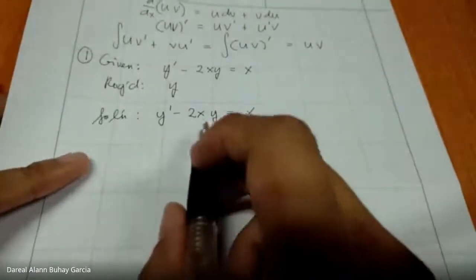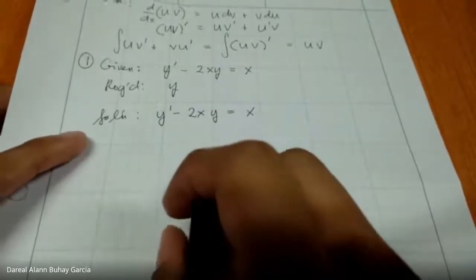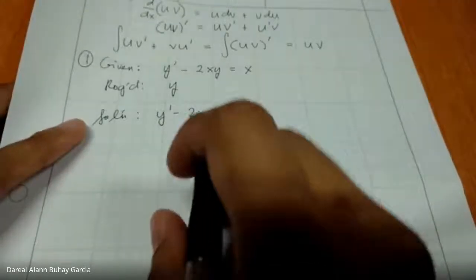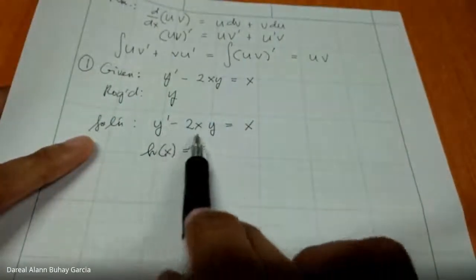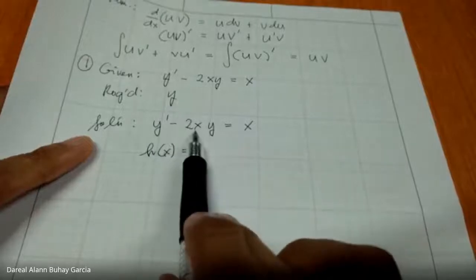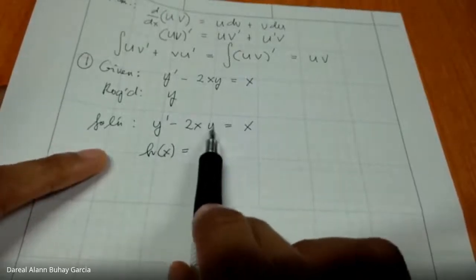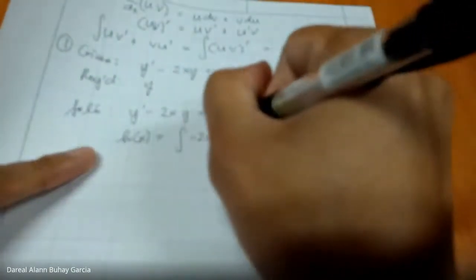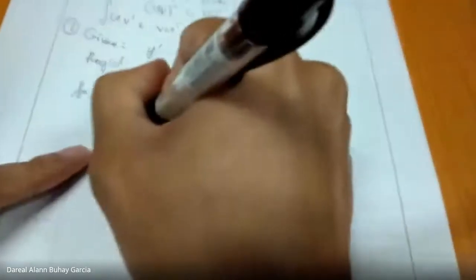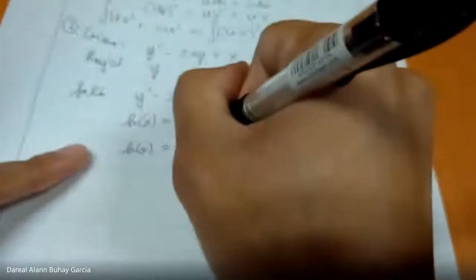We solve for h of x, meaning we integrate p of x, the function that is the coefficient of y. So it's the integral of negative 2x dx, which is negative x squared, right?